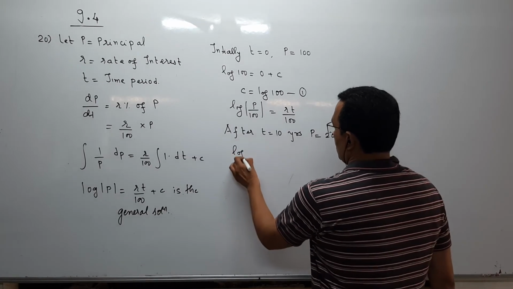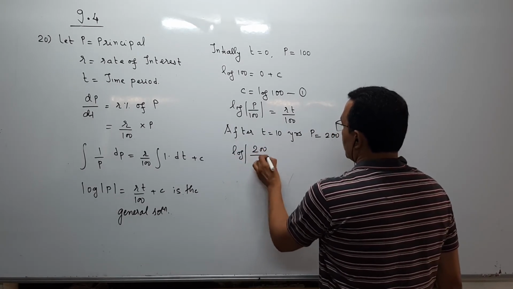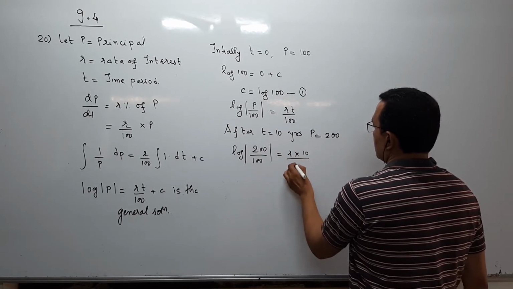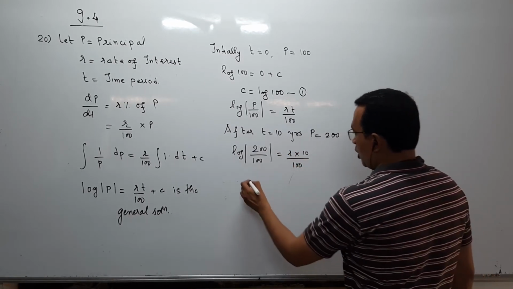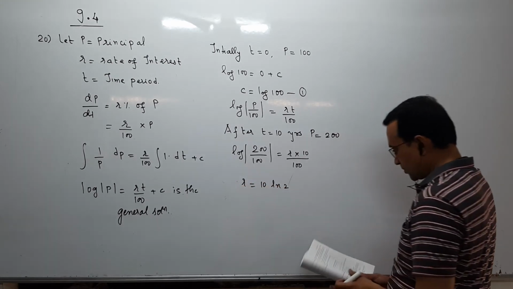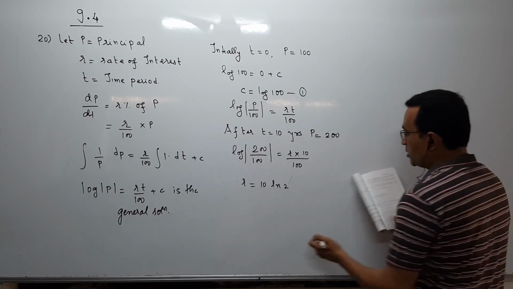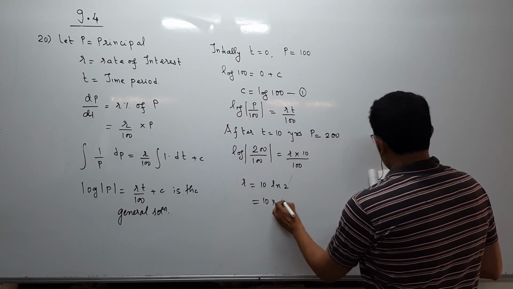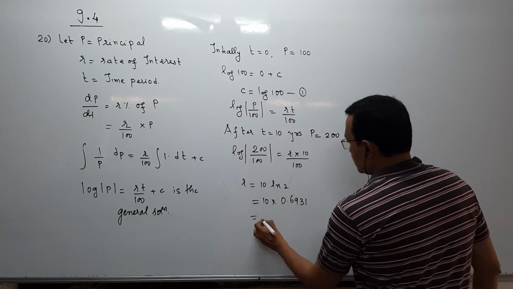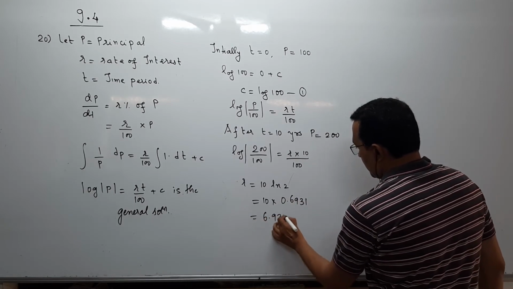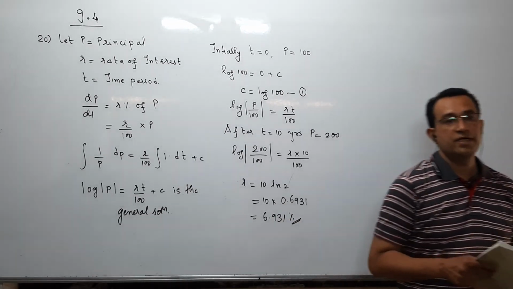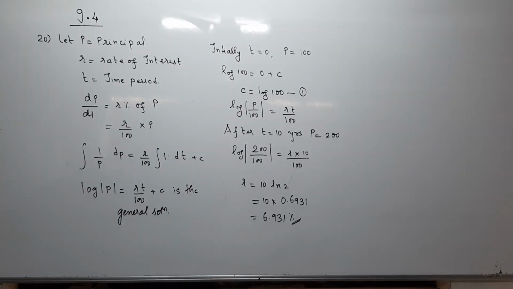So, log 200 upon 100 is equal to R into 10 upon 100. So R is equal to 10 ln2. They have given ln2 as 0.6931. So this will be 6.931% approximately. The rate of interest will be 6.93% students.